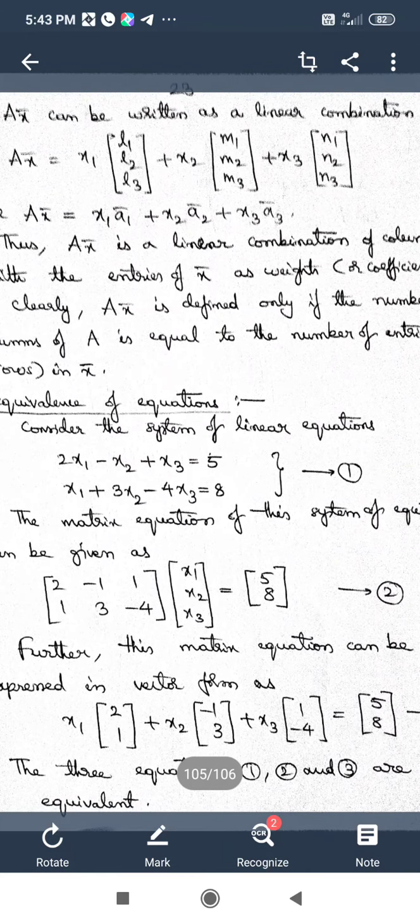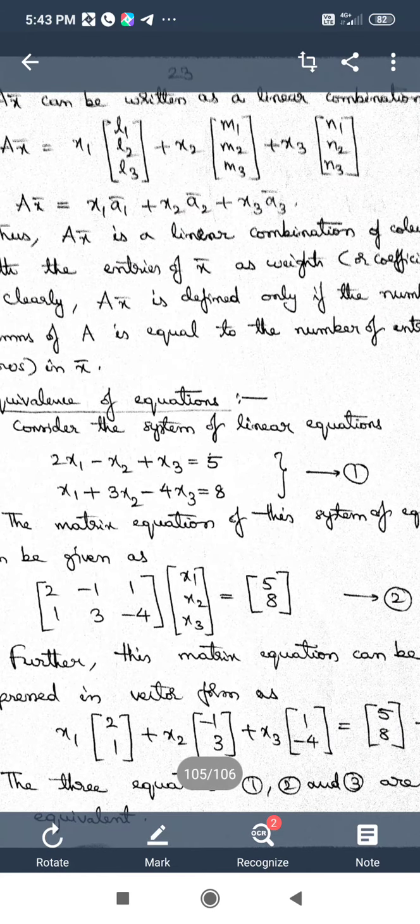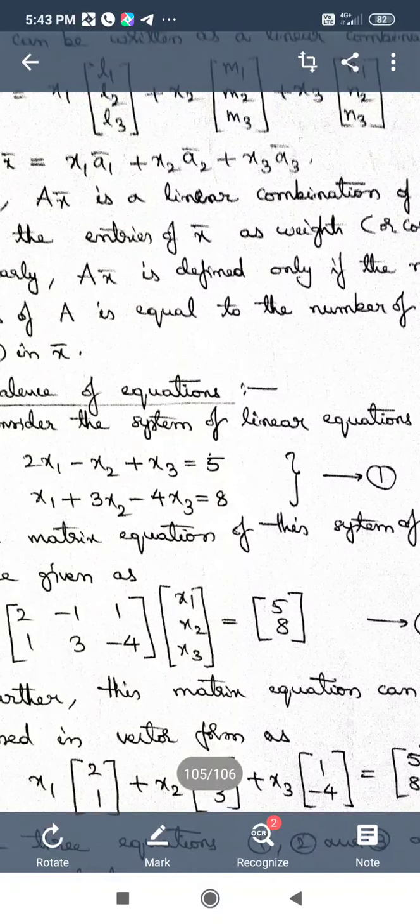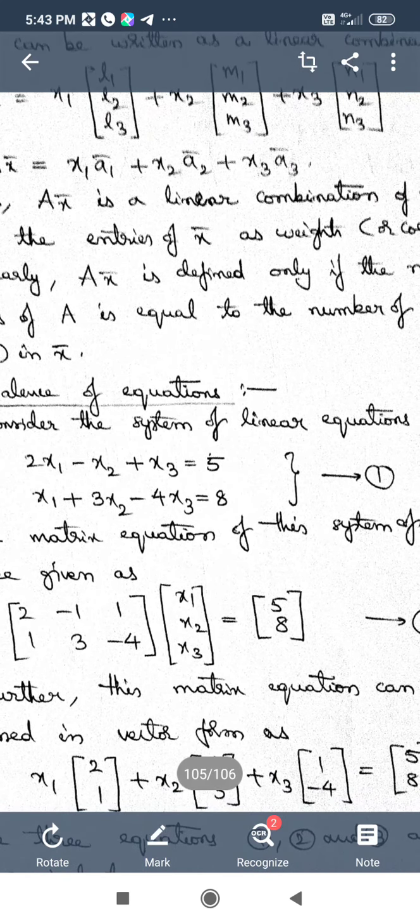So we can understand that there are three variables x1, x2, x3 in the system, and the coefficients in the two equations can be treated as elements of a matrix A, and these variables can be taken in another matrix x bar, and the constants present in these two equations can be treated as another matrix B bar, which is 5, 8 here in this case.